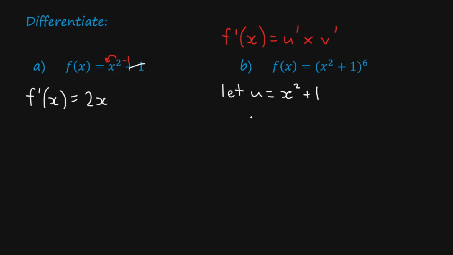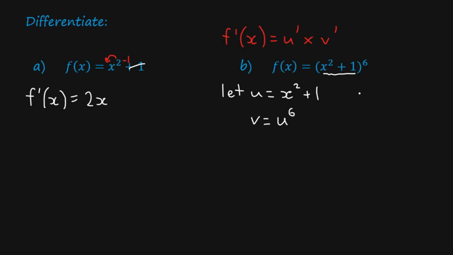Then we can also let v equal the outer function, so v is going to equal u to the power of 6. Hopefully this isn't too confusing. I've taken that function, x squared plus 1, which I know is equal to u because I designated that, to the power of 6. So it's u to the power of 6. Here are my two letters, u and v.